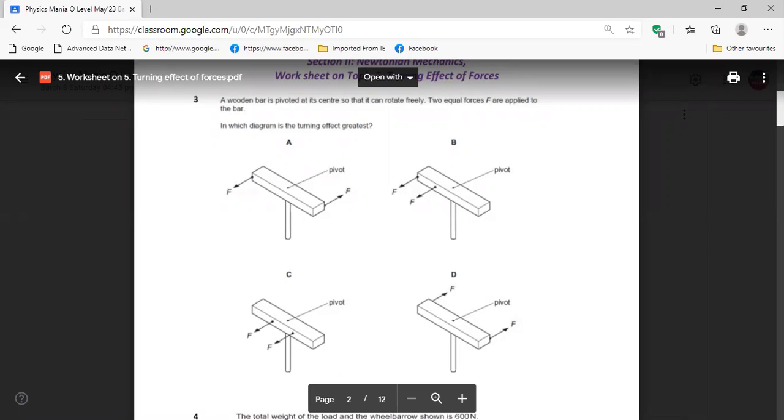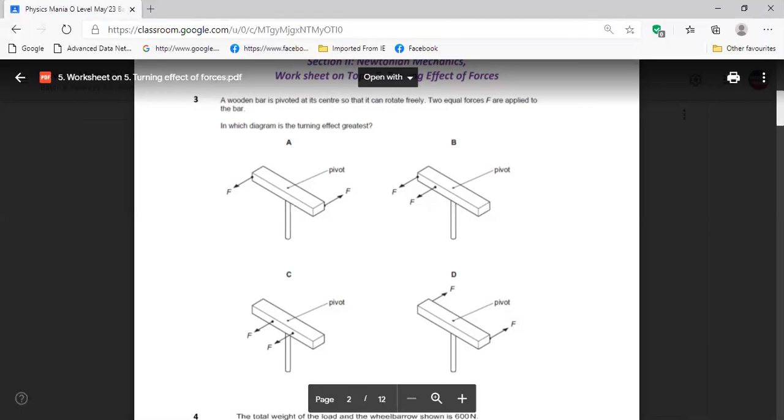This one is also anti-clockwise rotation. You are getting the highest, right? Yes. Turning effect means it will rotate, right? So in A and B, we are getting the turning effect. For C and D, we are not getting any turning effect.